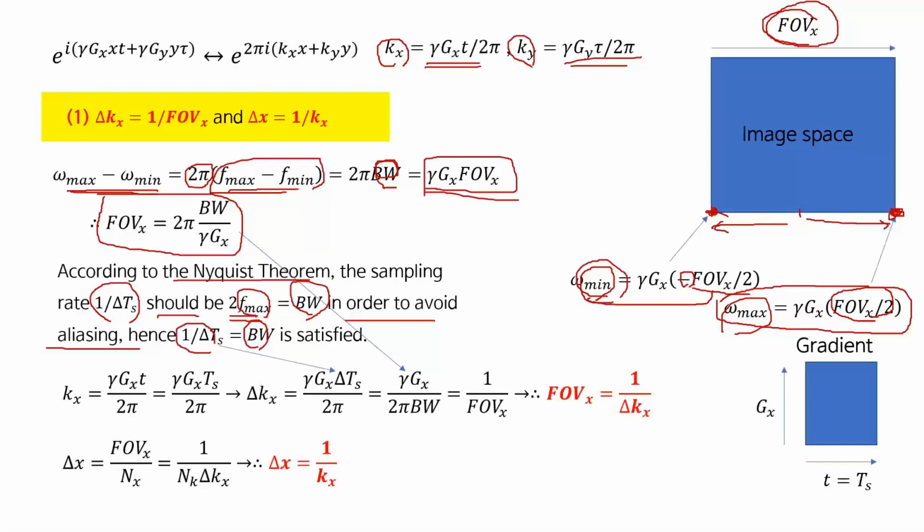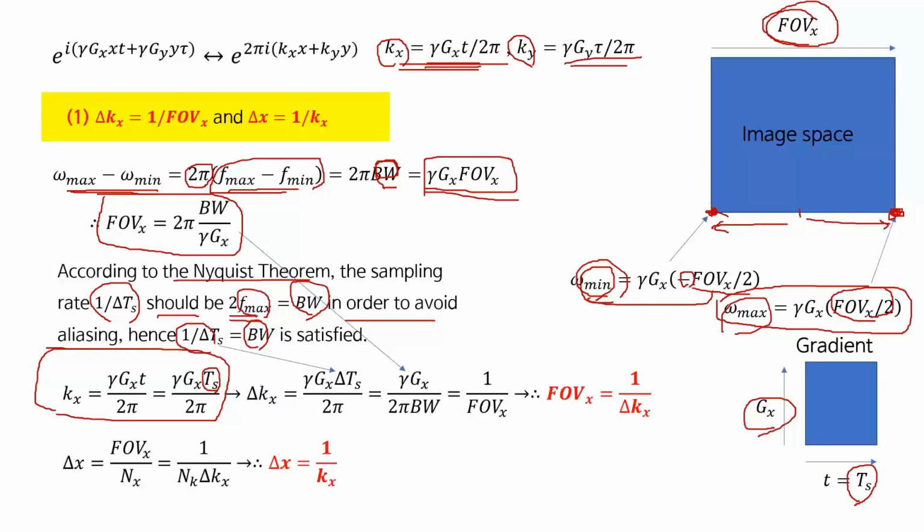So kx is defined by this relationship. Kx is given by this relation because we use the sampling time Ts and the frequency encoding gradient is Gx.